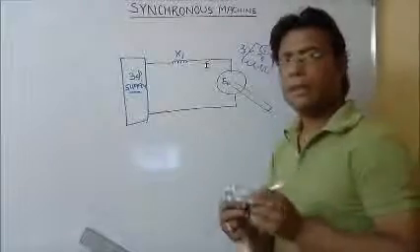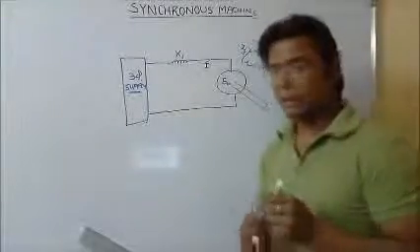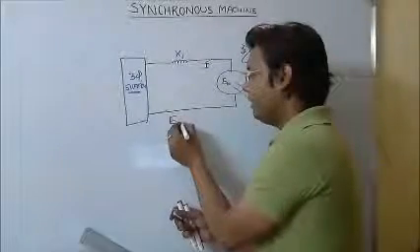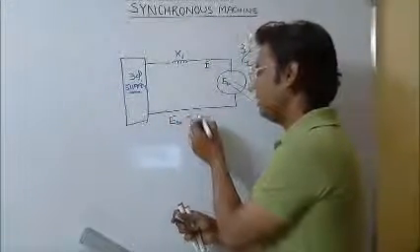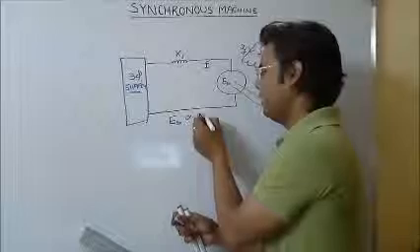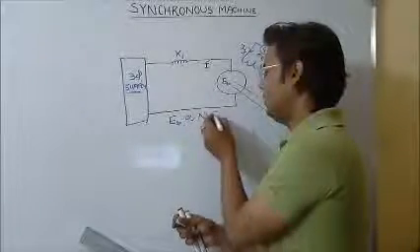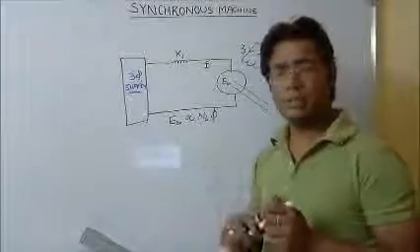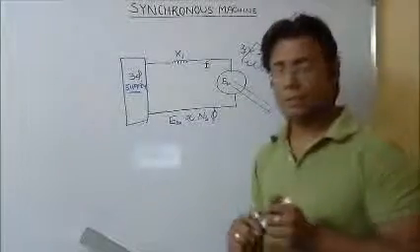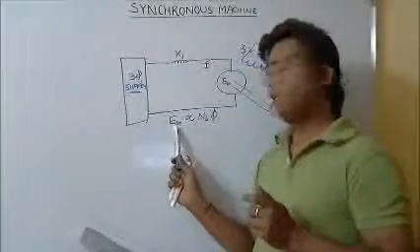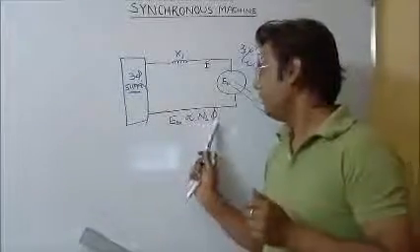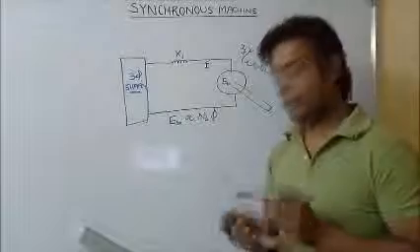So I can say one more thing, that the back EMF EB is directly proportional to NS into phi, as we have already seen this relationship in the DC machine also, that EB, the back EMF, is directly proportional to the flux phi and the speed NS.